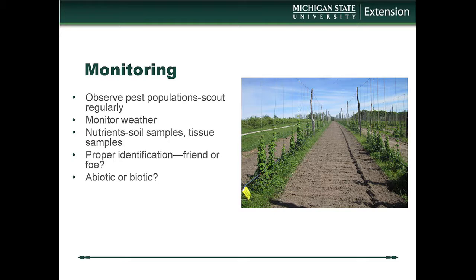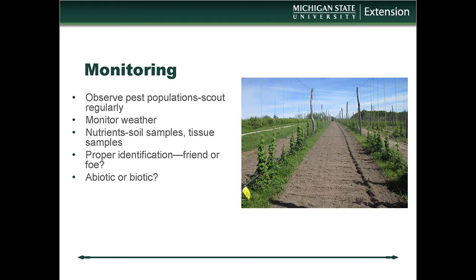Proper identification of insect pests and diseases, so I think Dr. Gardner talked about that this morning. And then also remembering that we can have these abiotic causes of issues out there. One of the calls that I get, and it's funny because it's usually from our more seasoned growers that really know how to identify pest and disease issues, is they'll call and say, man, I have this section of plants and they're just failing.